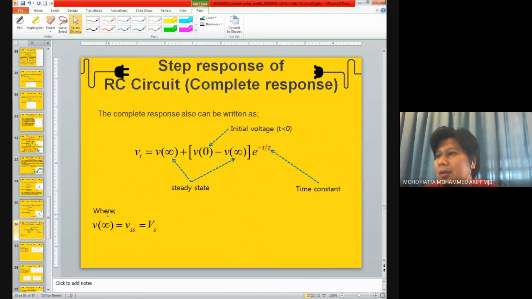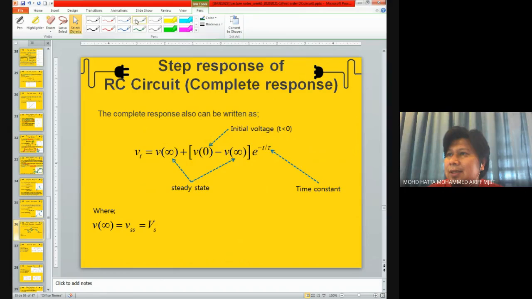And in general, when we try to write down our voltage response when t greater than 0 for the step response of an RC circuit, this is what we should have in mind. See here, we have V infinity over here.